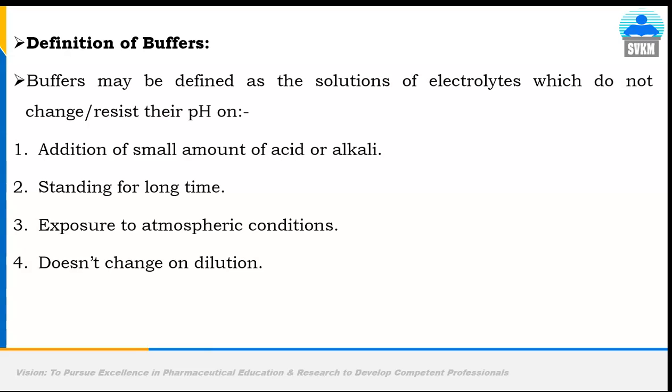That is the definition of buffer. It is an electrolyte which resists change in pH on addition of a small amount of acid or alkali, standing for a long period of time, exposure to atmospheric condition, and doesn't change on dilution.